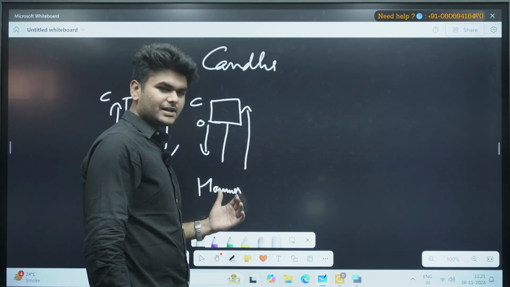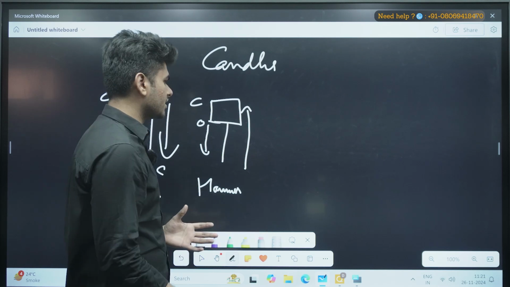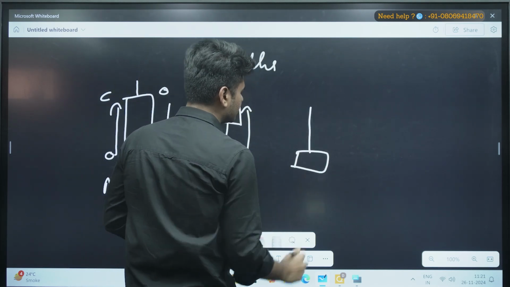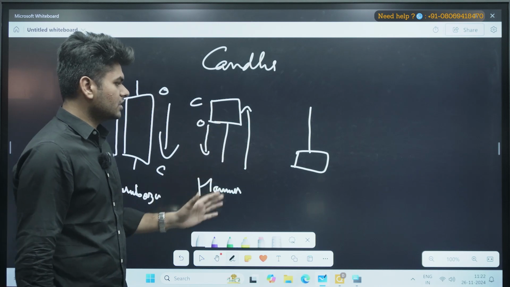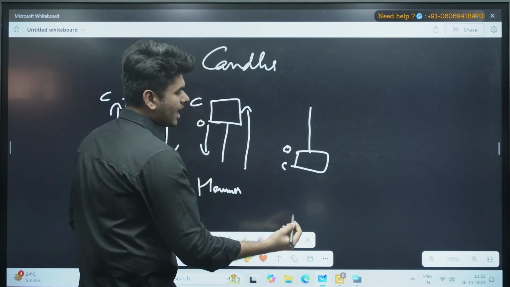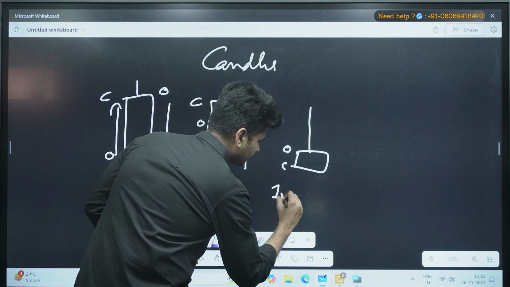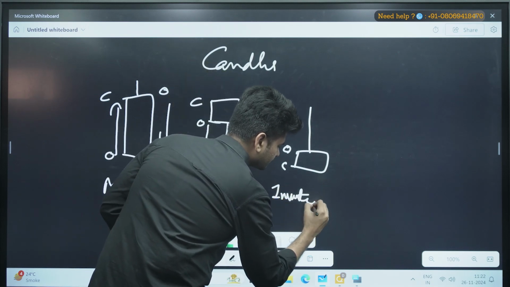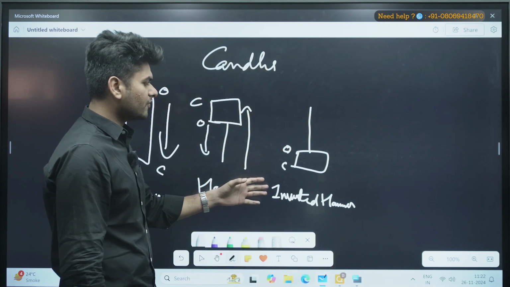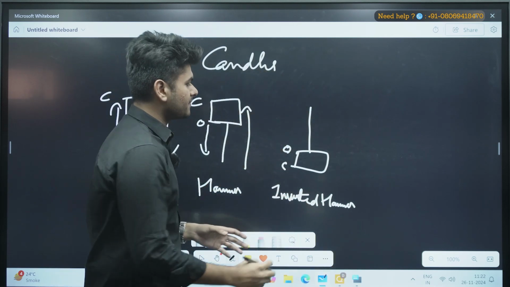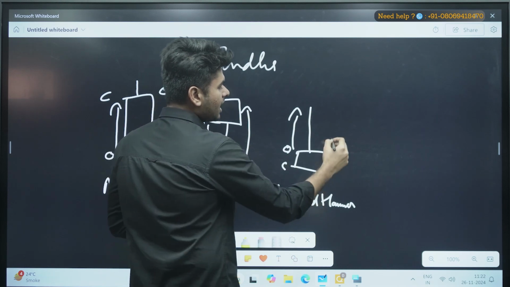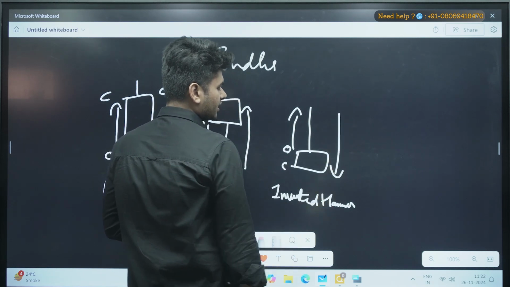Now, just as there is a hammer, there is an inverted hammer. The inverted hammer is basically the opposite of this candle. Let's suppose this is the opening and this is the closing. In an inverted hammer, the price has gone up after opening, and after that it has significantly gone down.